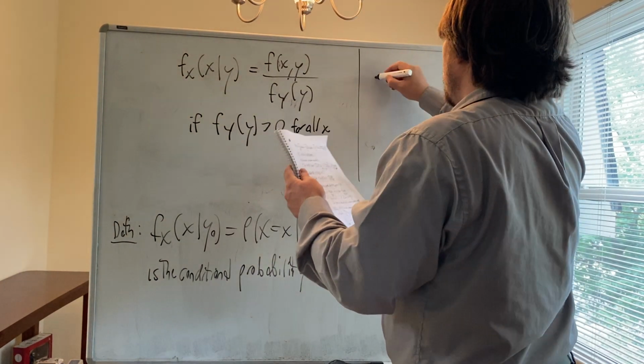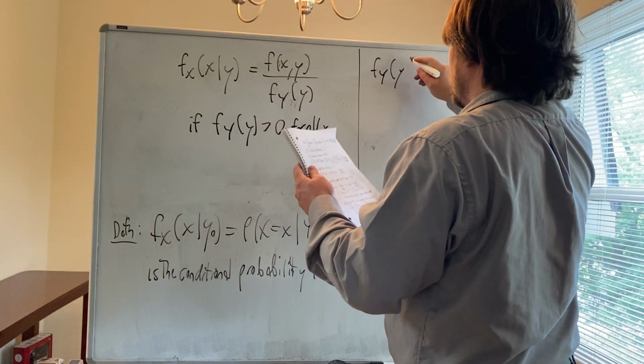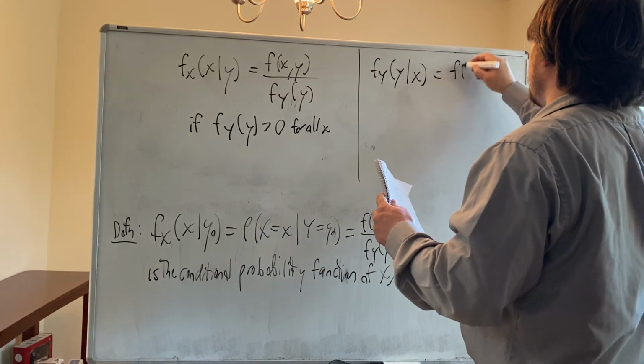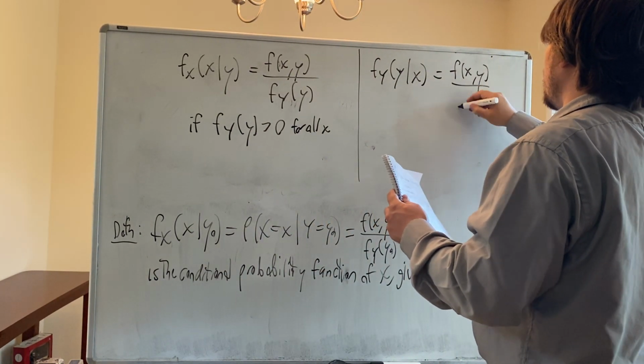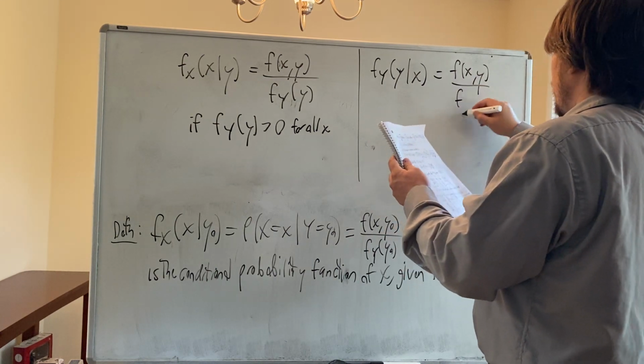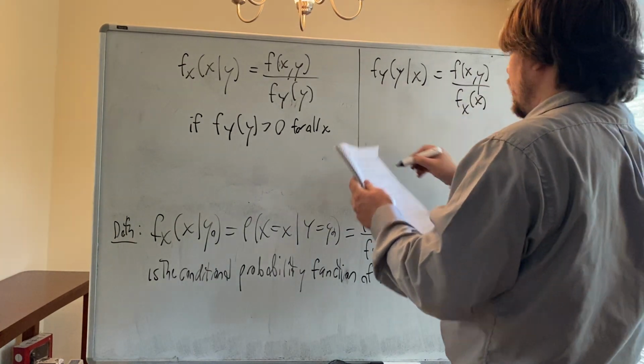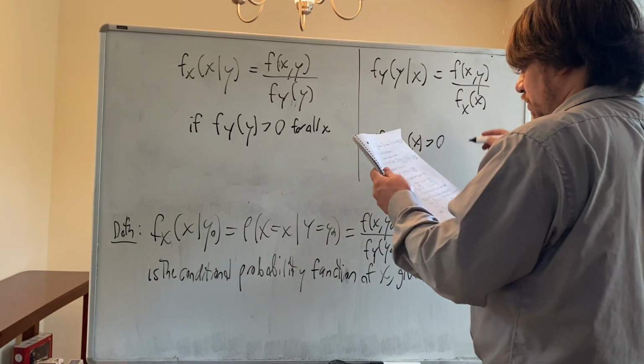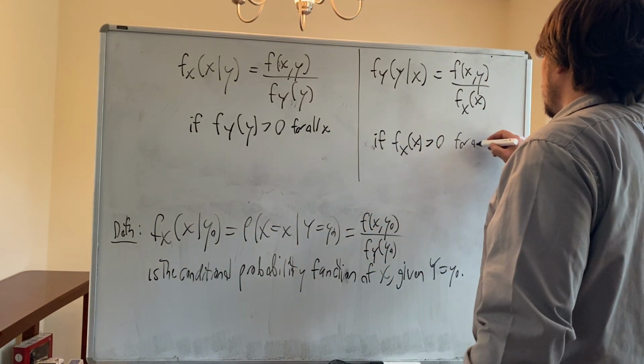Also, f sub capital Y of y given x is equal to f of x comma y over f sub capital X of little x if f sub capital X of little x is positive for all y.